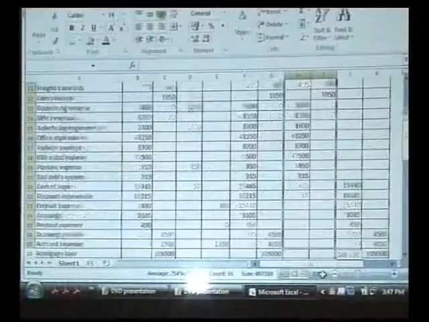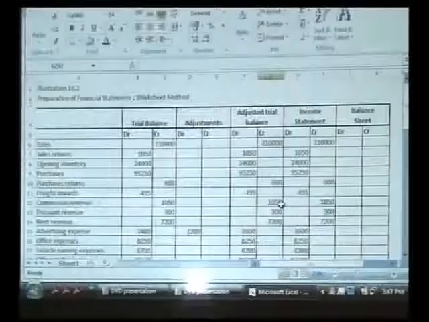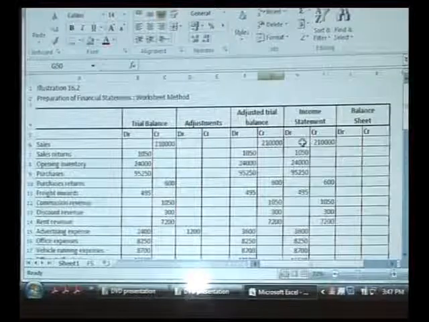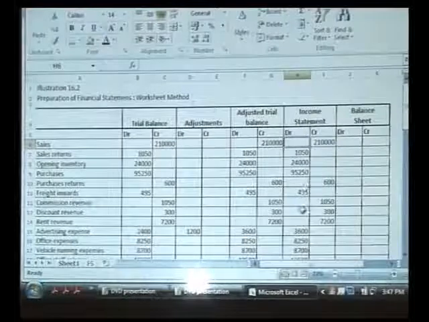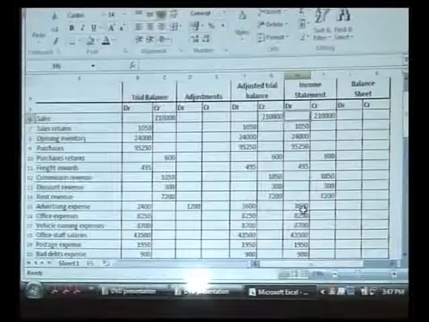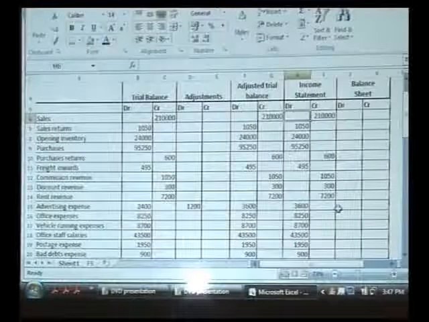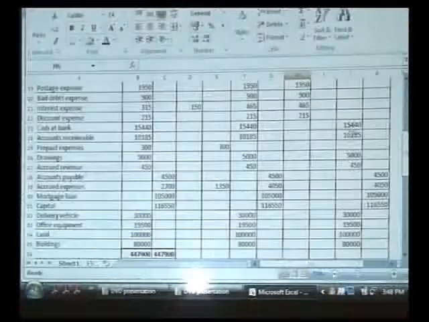These are the amounts to be taken for the income statement. Items are there, revenue items and the expense items. Then put them into the correct format and find the gross profit, net profit, and then prepare a statement of equity accordingly, and then prepare the balance sheet.